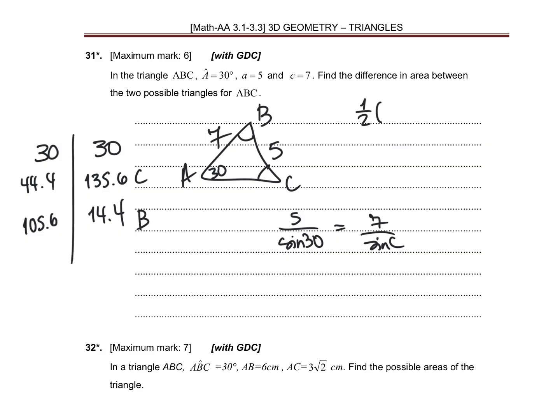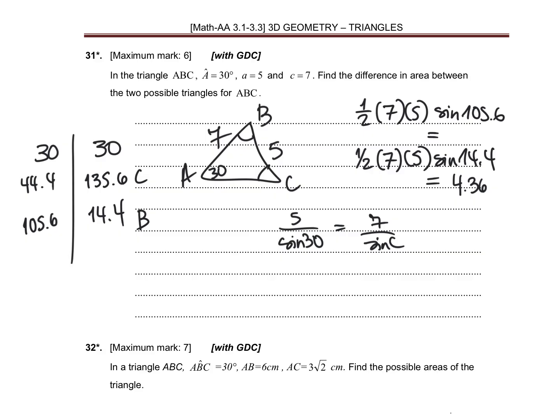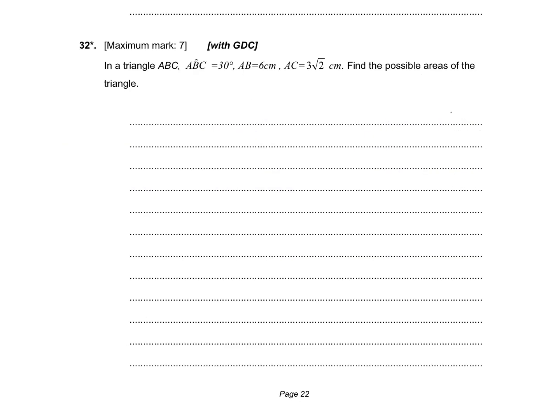So we're going to have 1/2 times 7 times 5 times sine 105.6, and 1/2 times 7 times 5 times sine 14.4. So for this one we get 4.36, and for this one we get 16.9. So when we subtract the two, because we want the difference in areas, we get 12.5. That's the difference.